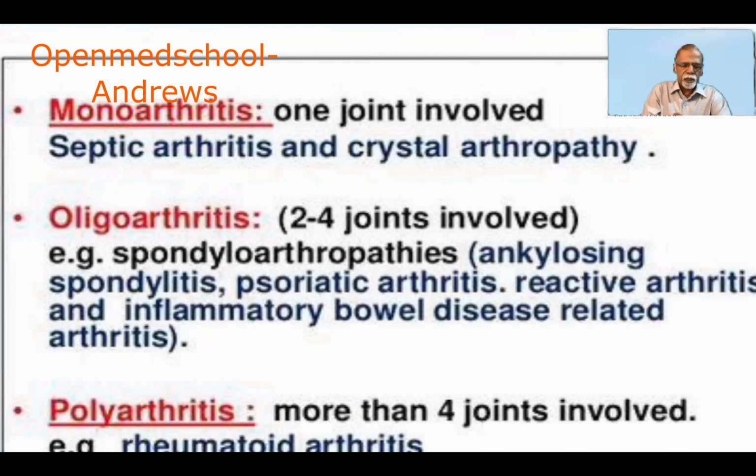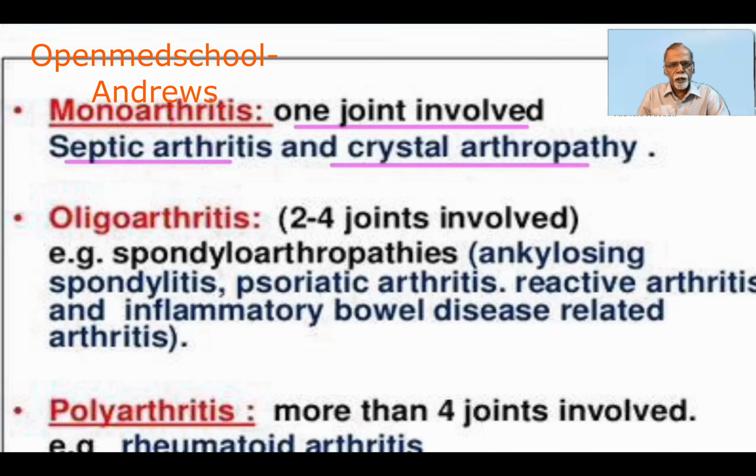Monoarthritis, a single joint, typical examples are septic arthritis and crystal-induced, that is gouty arthritis. Oligo, 2 to 4, can be the spondyloarthritis, reactive arthritis, and inflammatory bowel disease related arthritis. Polyarthritis, more than 4 joints are affected. Typical example is rheumatoid arthritis.